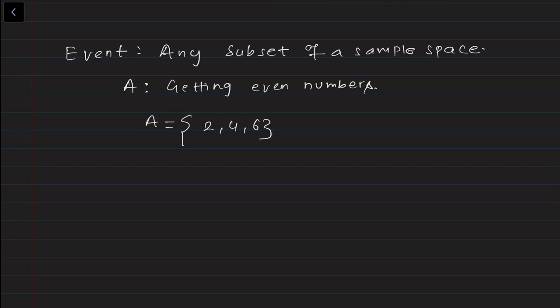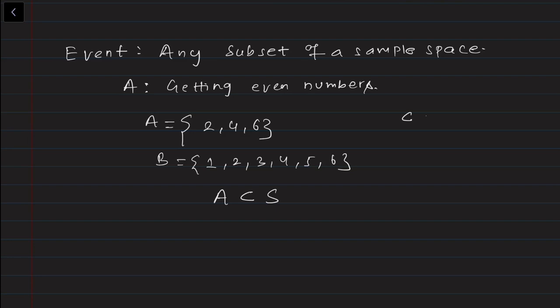Okay, so for example, you can also define an event as the numbers that appear on the dice, so those numbers can be 4, 5, and 6. Let me use a different notation, B. Okay, so event is the subset of the sample space, and an empty set can also be the event.